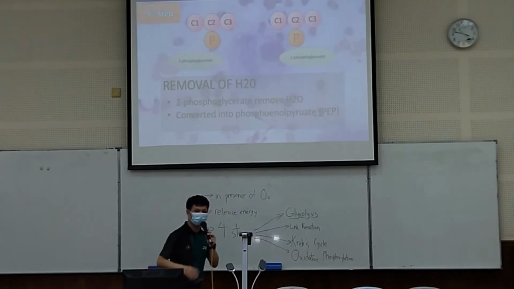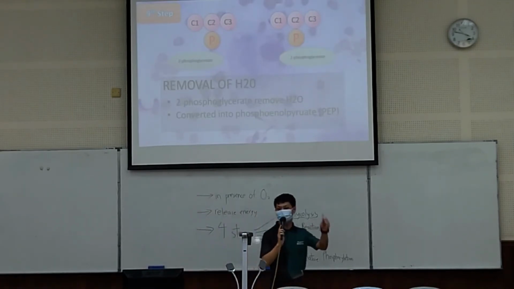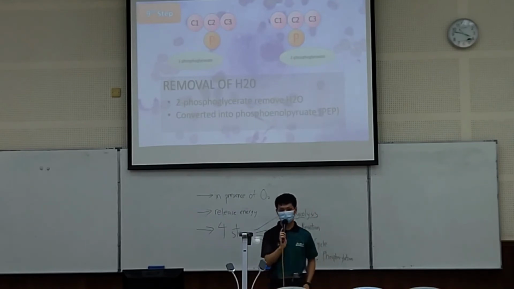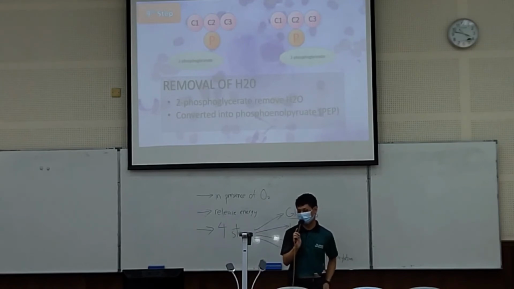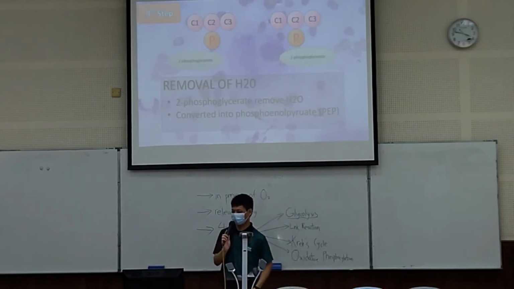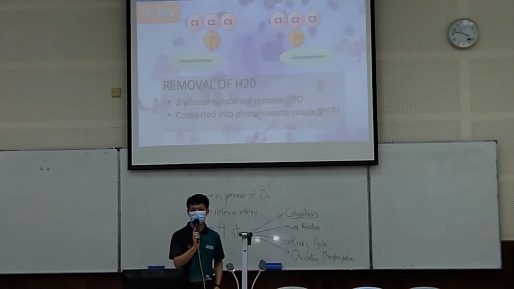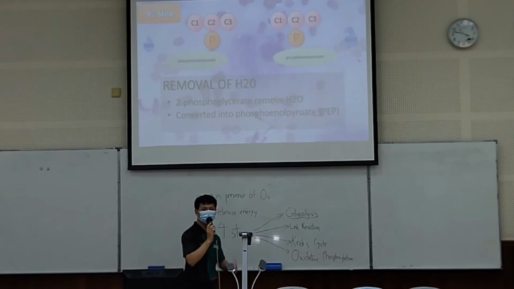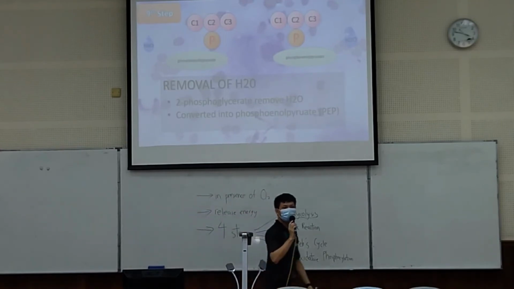Now we are finally entering our second last step, which is removal of water, also known as H2O. What happens during this step is that our 2-phosphoglycerate, each of them, is going to remove one H2O, forming 2-phosphoenolpyruvate.